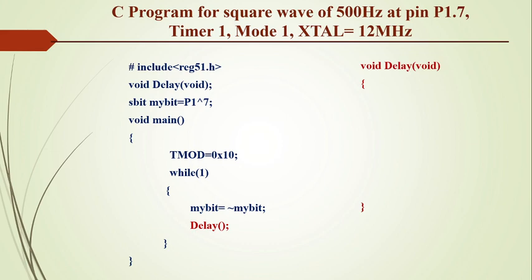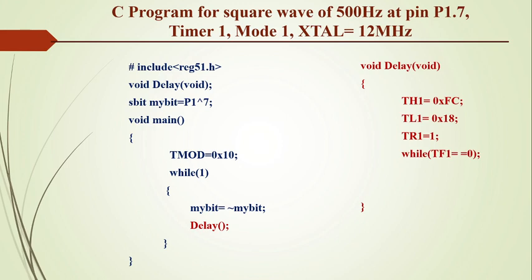Here we move the upper 8 bits of the initial count, FCH, into TH1, and the lower 8 bits, 18H, into TL1. By making bit TR1 equal to 1, we start the timer, and using the instruction while TF1 equal to 0, we monitor the timer flag.